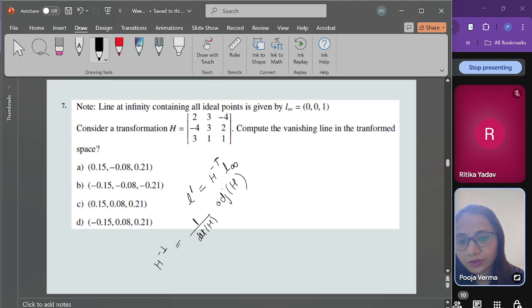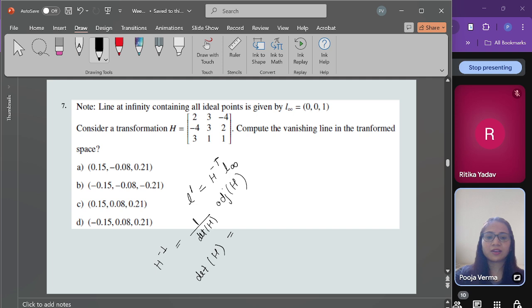So please first calculate the H inverse; at least calculate the determinant of H first. I will calculate the adjoint because it is a lengthy process. It is a 3 by 3 matrix, so you can calculate it later. I will write it here. So just take 2 minutes.